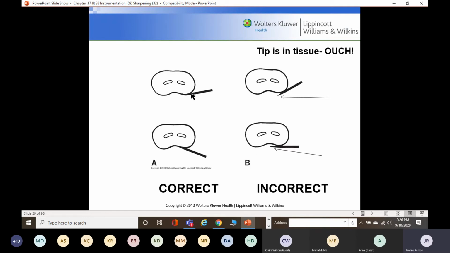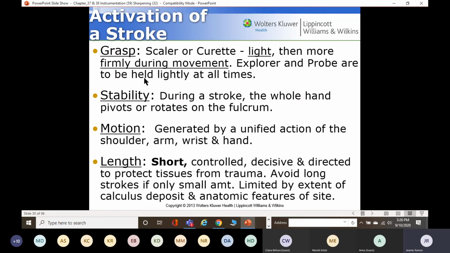That's where they're feeling on the blade, and this little tip is sticking out. So you have to kind of back that up and make sure that just the last couple millimeters are the ones that are in contact with the tooth as you round the corner, and then you won't be hurting your patient.